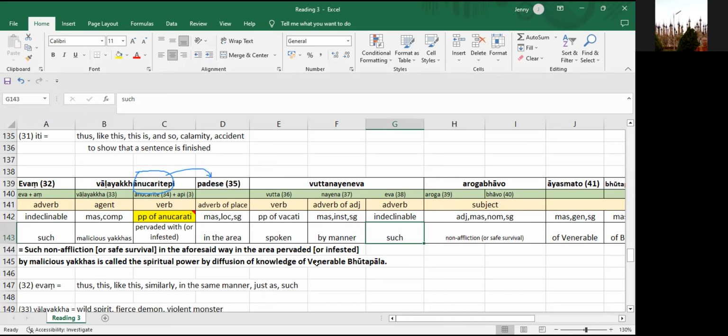Okay, so you have the "by" with the malicious yaka. Do you think it's an agent here, or an instrumental? Is it by agent or just by normal things?